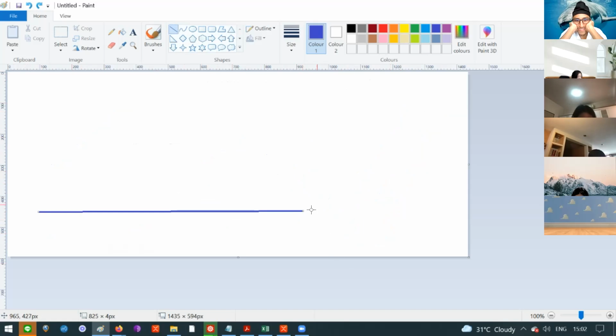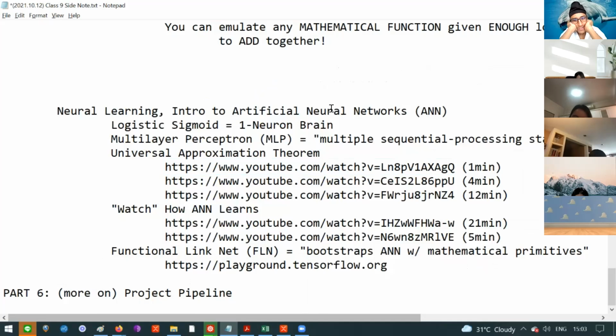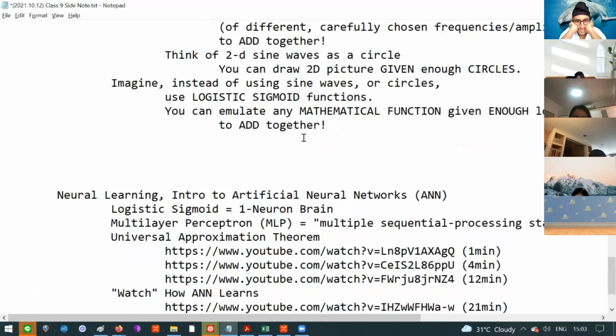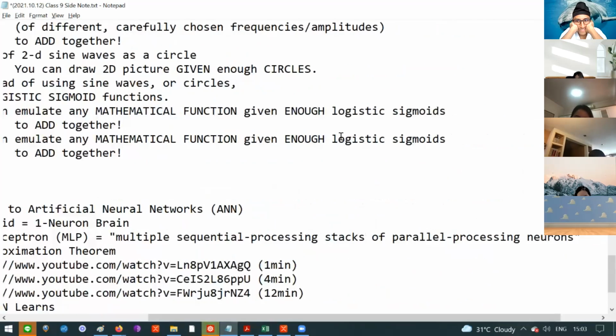Okay. Looks like this. Okay. So let me add that. Instead of using this, given enough logistic points, same thing. You can emulate any function given enough ReLU functions. Okay.